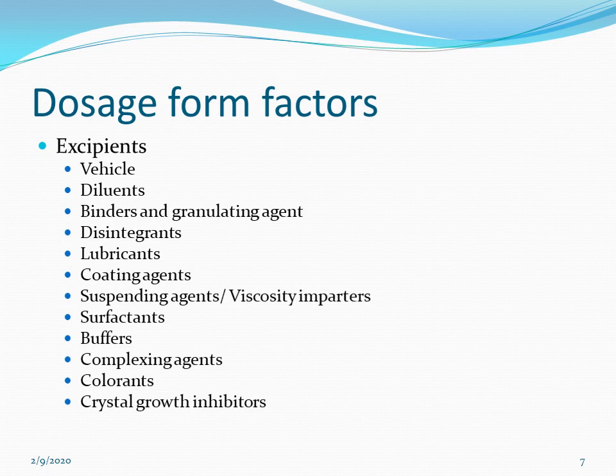But it is not always possible to use the non-aqueous water immiscible types of vehicle while formulating the liquid dosage form. So generally we use aqueous vehicles like syrups and non-aqueous water miscible types of vehicle like propylene glycol, polyethylene glycol and so on.